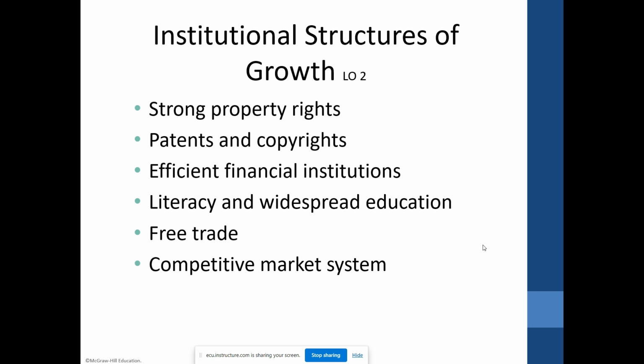Patent and copyright laws are also necessary if a society wants a constant flow of innovative new technologies and sophisticated new ideas. Efficient financial institutions, literacy and education, free trade, and a competitive market system are other key factors in ensuring a nation's ability to sustain growth.